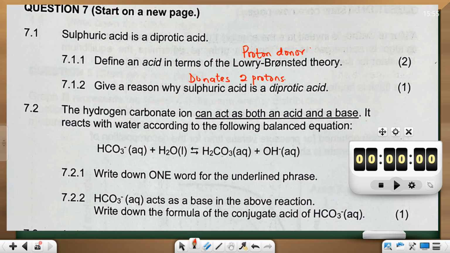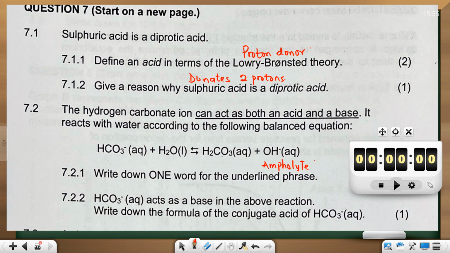The hydrogen carbonate ion can act as both acid and a base. What is that? Ampholyte. They said the hydrogen carbonate ion acts as a base in the above reaction. Write down the formula. Can you quickly identify our pair here?